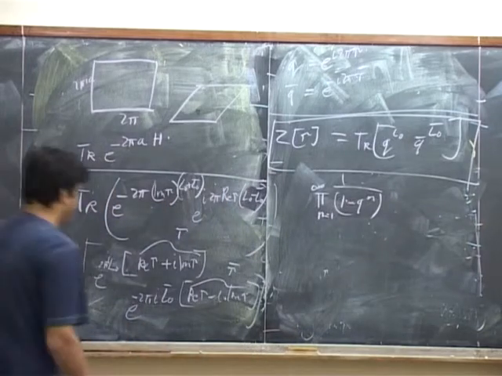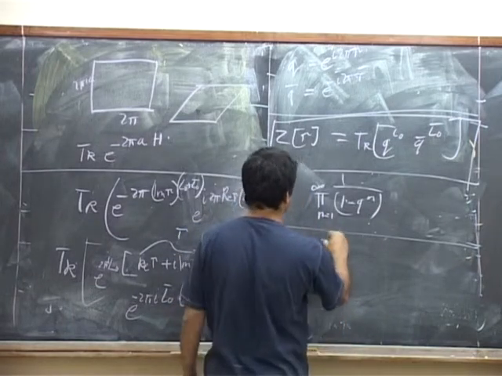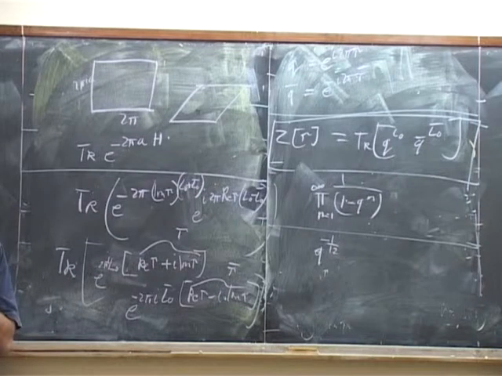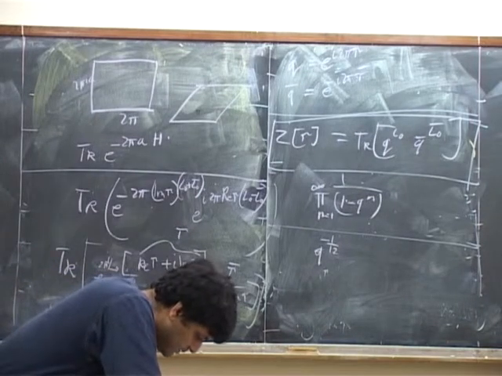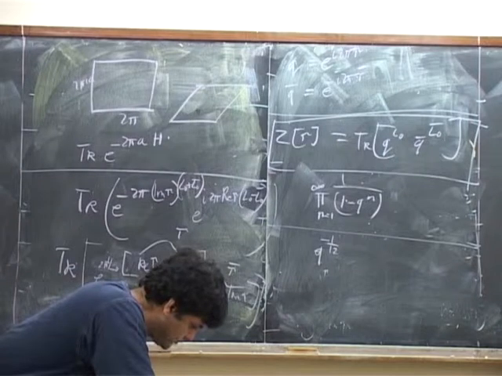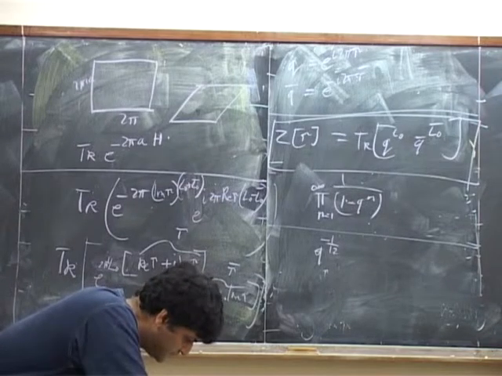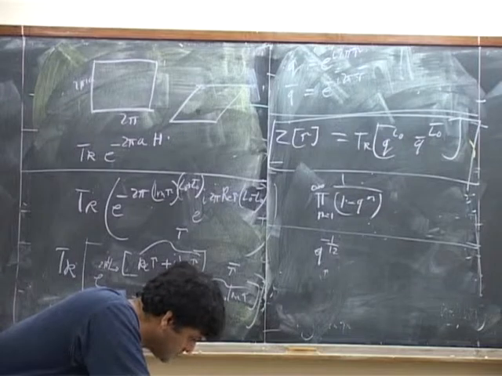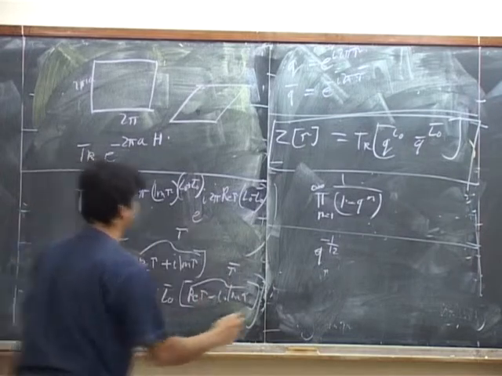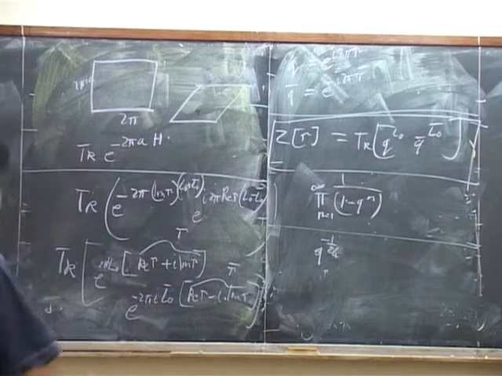We understood that the right answer had a factor of q to the power minus 1 by 24, apart from q and from q bar.